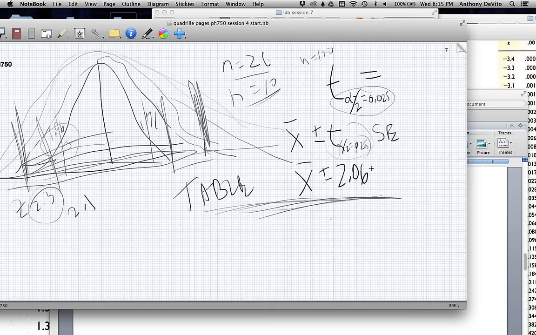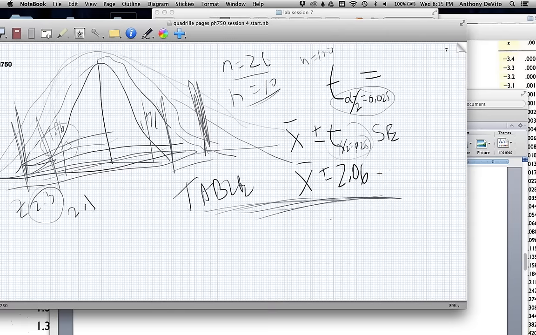And number two, we would only use the t-table in preference to the z-table if we didn't know the population standard deviation, or if we were dealing with a sample size less than 30. Otherwise, we would use the z-table. So I hope that answers that question.